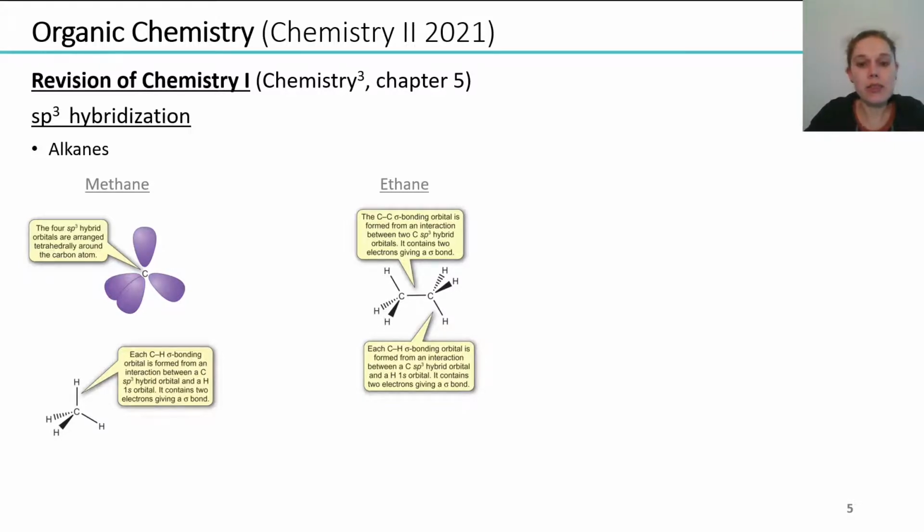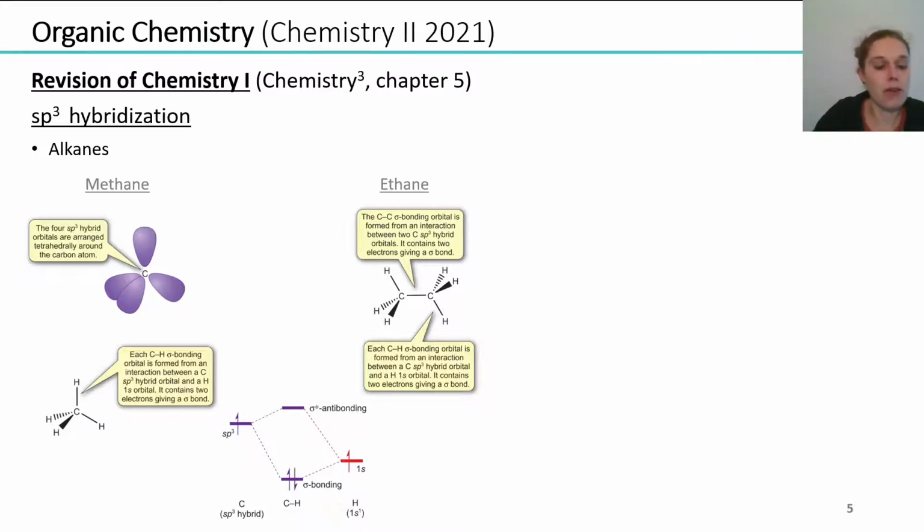Also important is to have a look at the energy diagram here for methane, for example. So we start with the atomic orbitals of the carbon, which is sp3 hybridized, and with the hydrogen, which has 1 s orbital. And then we make the bonding.